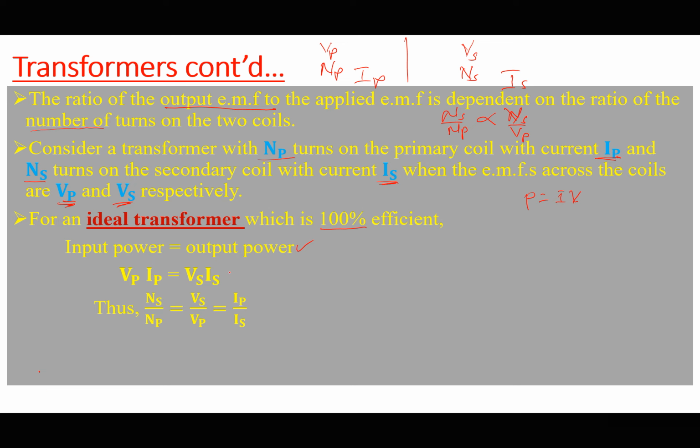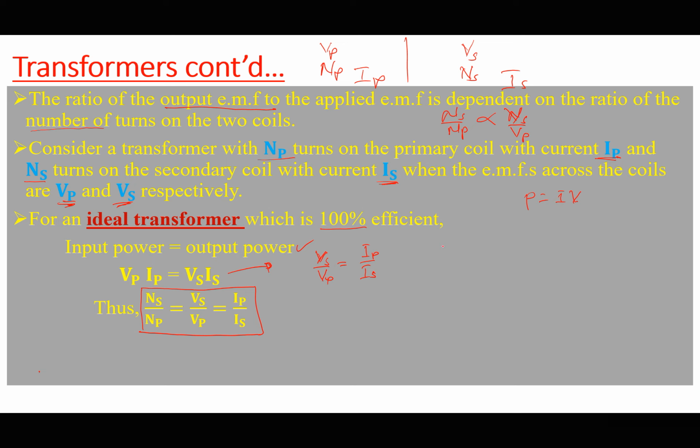From this equation here, I have Vs divided by Vp, and on the left hand side, I have Ip divided by Is. But remember, the ratio of the number of turns is directly proportional to the ratio of the voltages. Therefore, when I combine those three, the number of turns of the secondary over number of turns of the primary is equal to the voltage of the secondary over voltage of the primary, which is the same as the current in the primary over the current in the secondary.